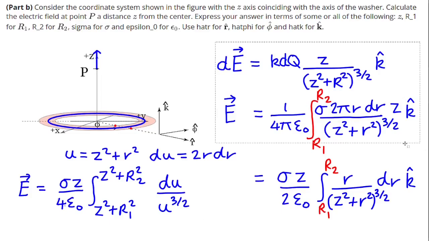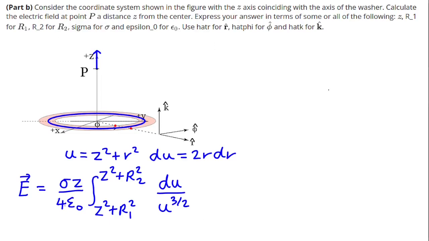Now let's get rid of this. So what we get is the electric field is equal to sigma z on 4 epsilon naught, and the integral evaluates to u to the -1/2 on -1/2.